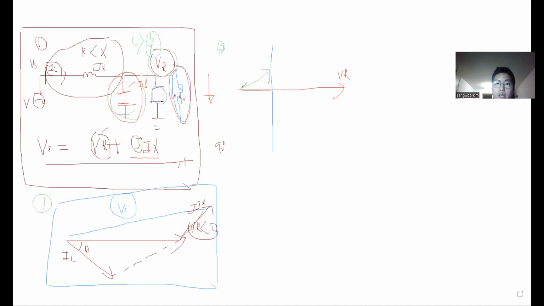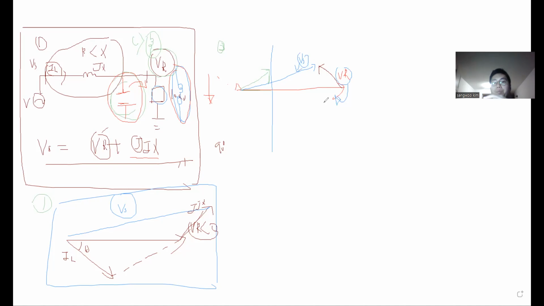So jX is 90 degrees, right? Yeah, 90 degrees. And then here is VS. So VR is here and VS is here.